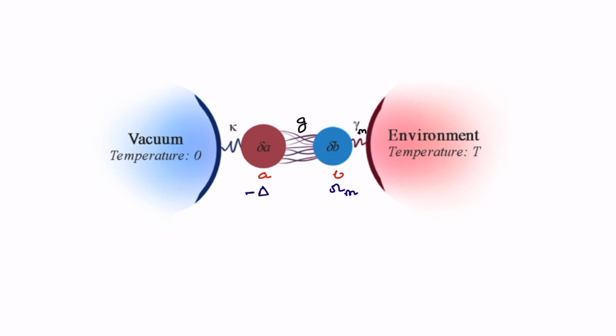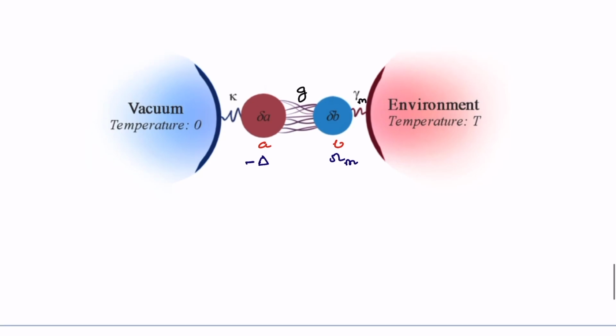The optical oscillator is oscillating at the frequency minus delta, and the mechanical oscillator is oscillating at the frequency capital omega m. And because these oscillators have positive frequency, minus delta should be greater than 0, and omega m is obviously greater than 0.